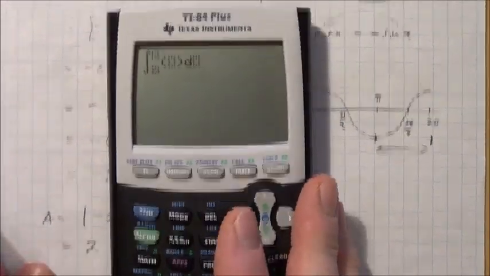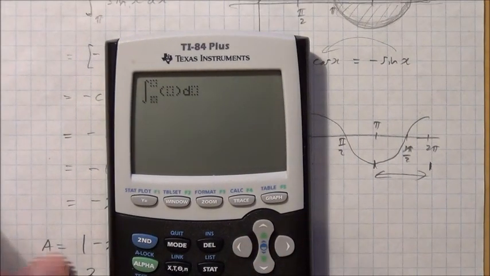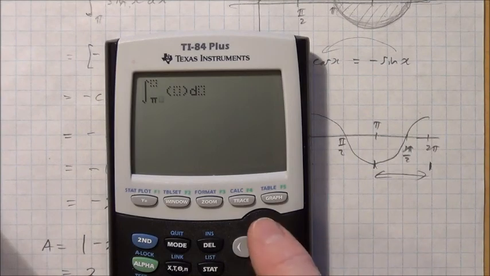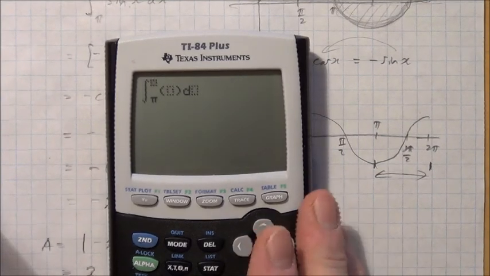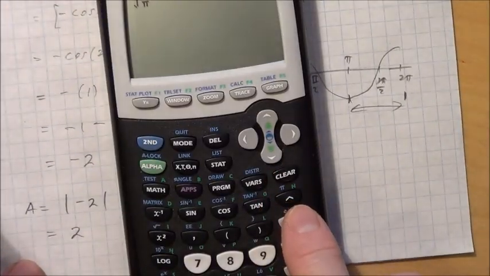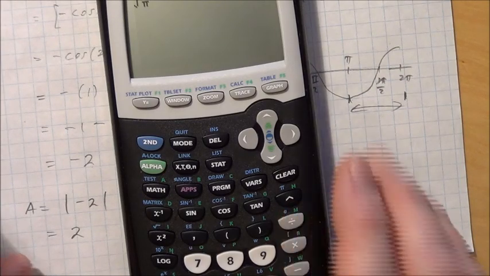Then we're going to put in the values that we want. So we're going to put in pi, which is second and that caret, to give me pi.